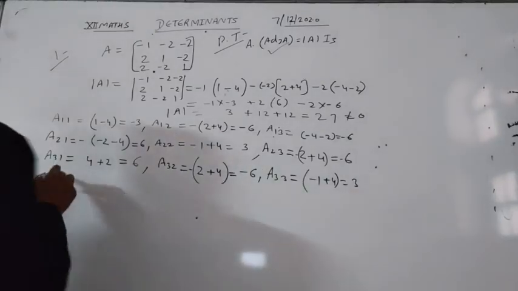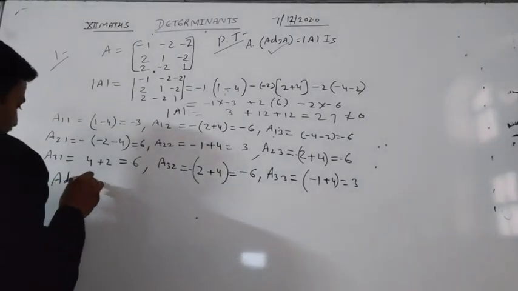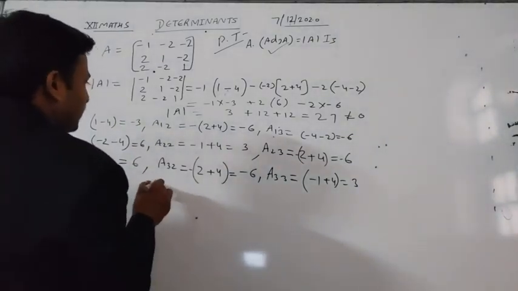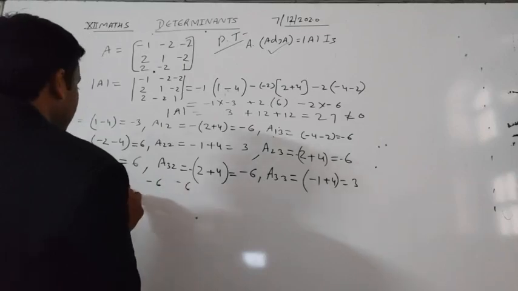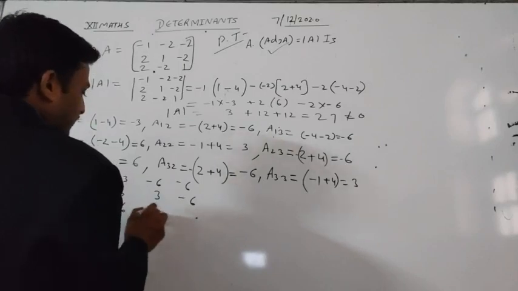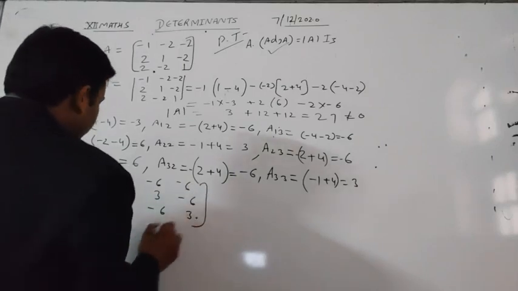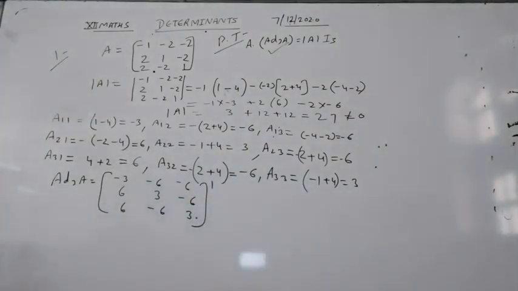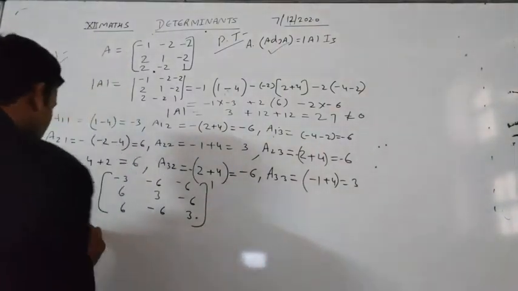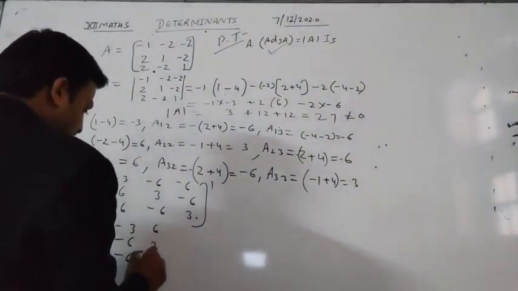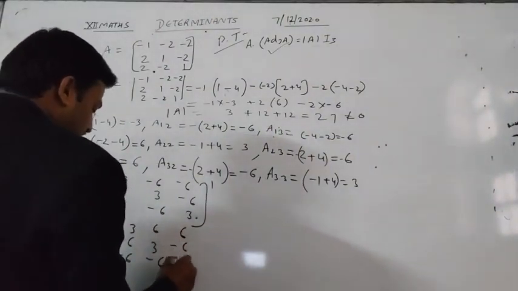Now adjoint of A is the transpose of this cofactor matrix: minus 3, minus 6, 3, minus 6, minus 6, 3.